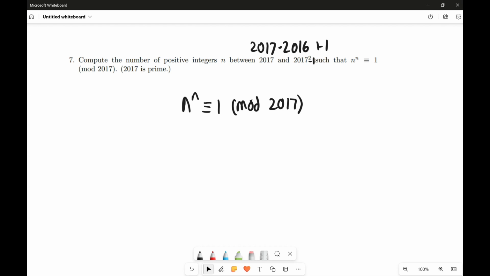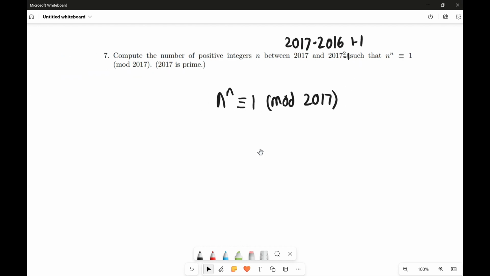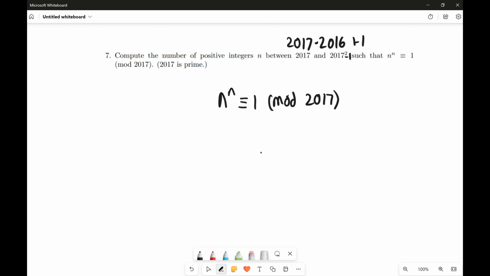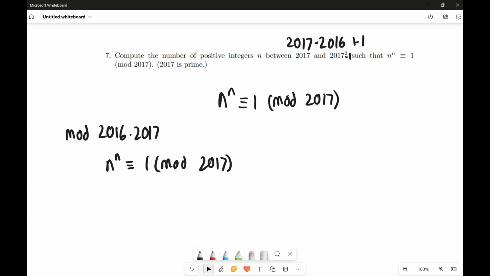But we can easily do that since we can subtract 1 from that. And we can do that because 2017 squared obviously does not work. So now we reduce it to the number of residue classes modulo 2016 times 2017, such that n to the power of n is equivalent to 1 modulo 2017.